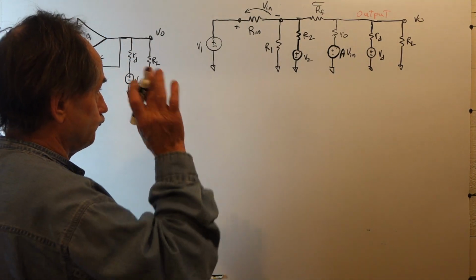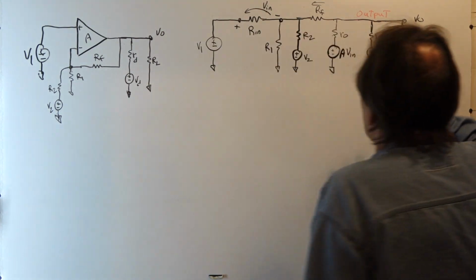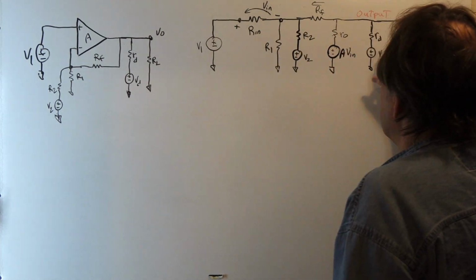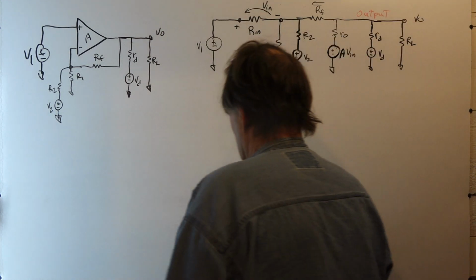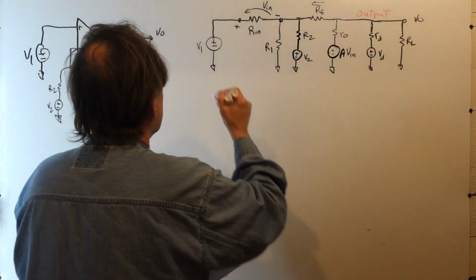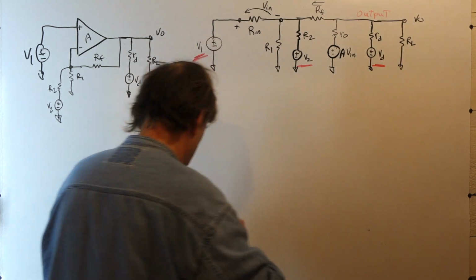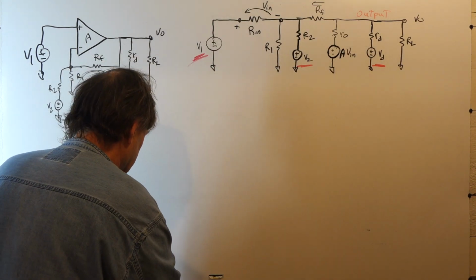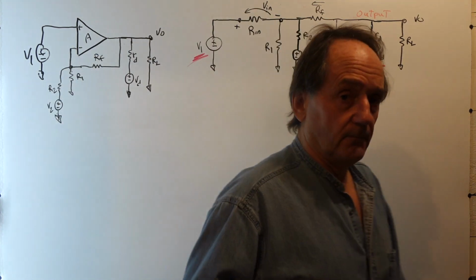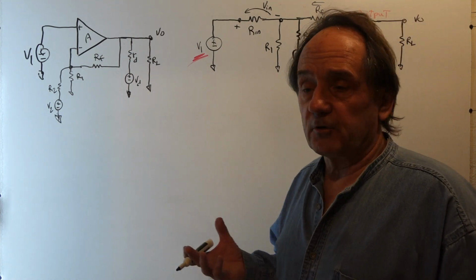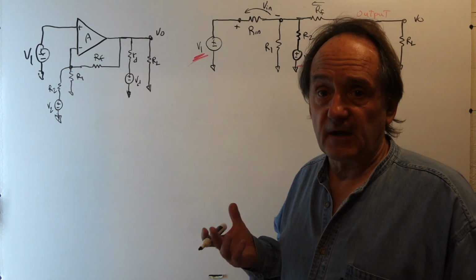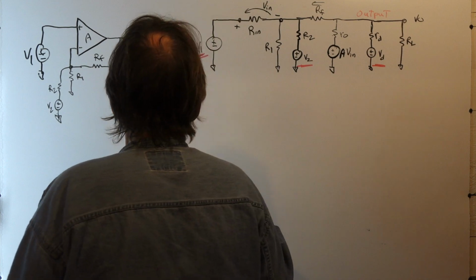Since we have all voltage sources here, these are our independent sources, V1, V2, VD. To kill a source or set it equal to 0, we replace a voltage source with its internal impedance. An ideal voltage source's internal impedance is 0.